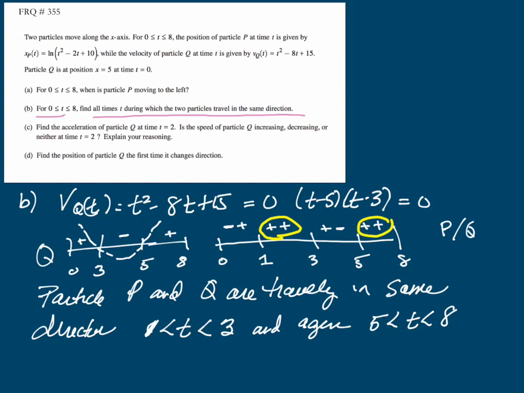Here we go, points. You get 2 points for part B. You get 1 point for getting the intervals right, and you get 1 point for the analysis. This is interesting.